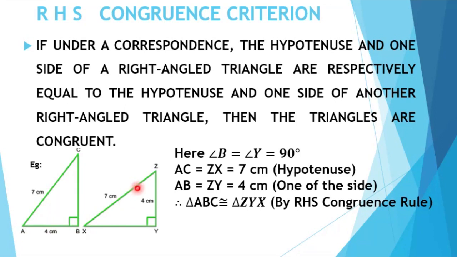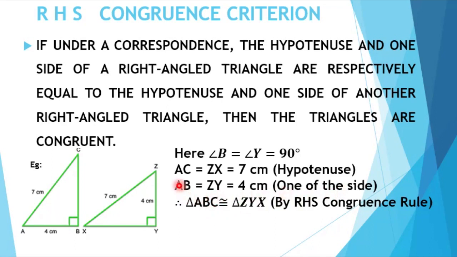The 7 centimeter line segment ends with Z. So the corresponding side will be ZY. So AB equal to ZY equal to 4 centimeter, that is one of the sides. So 3 conditions we satisfied here.